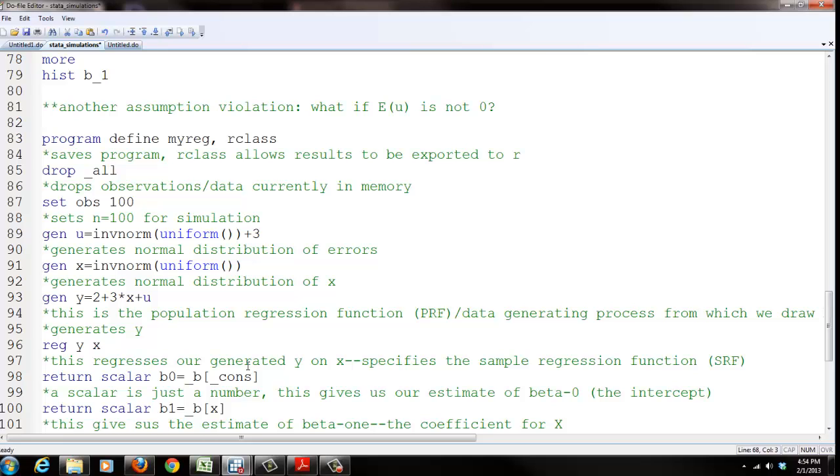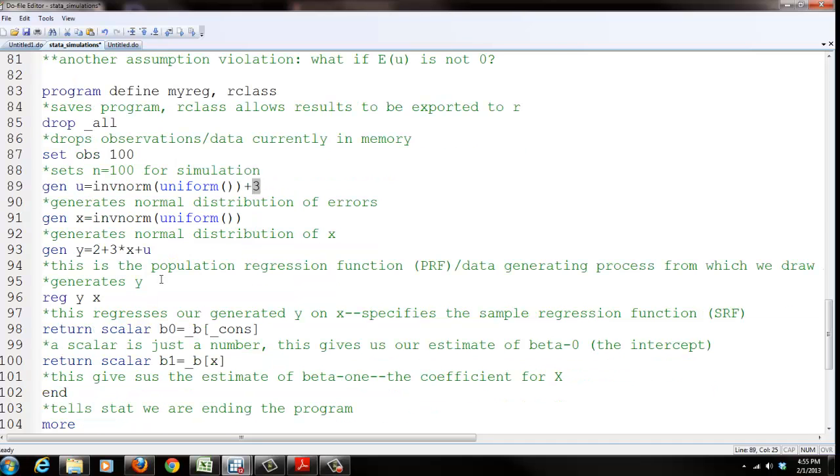But what I want to deal with now is a simpler situation where x and the error term aren't necessarily correlated, but the normal distribution of the error term is not centered around 0, rather it is centered around 3. And we'll look at how that affects our estimates of both beta 0 and beta 1.